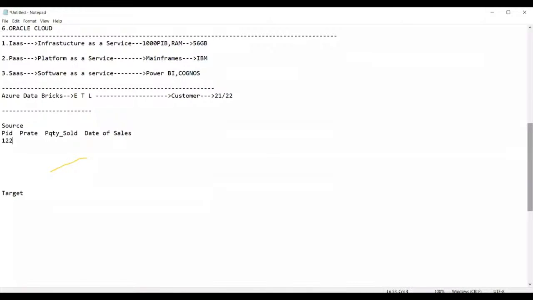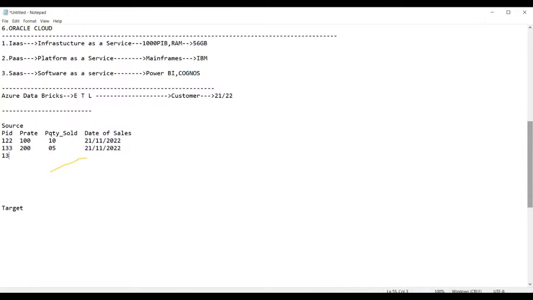Let us give the product ID something like this. Product rate, let us give it as 100 rupees, the quantity sold is 10, and the date of sales is 21/11/2022.